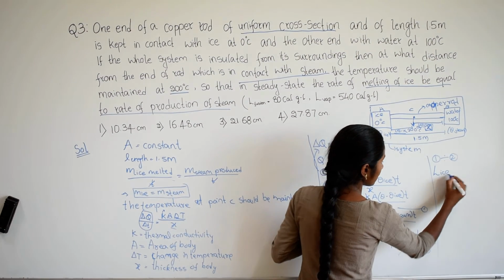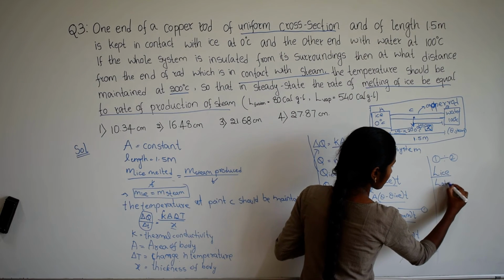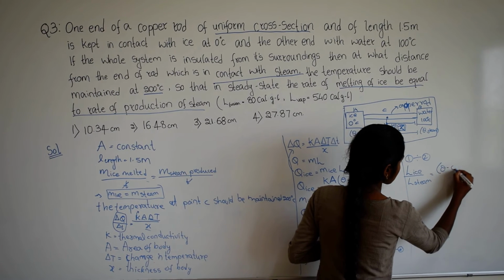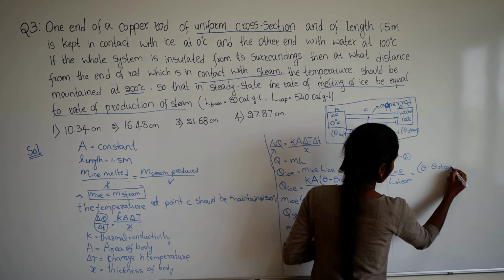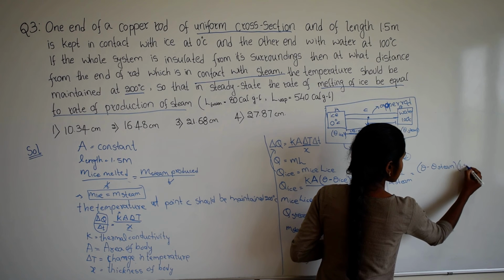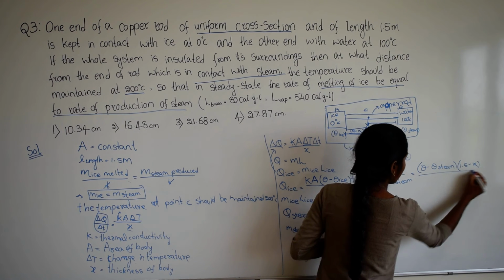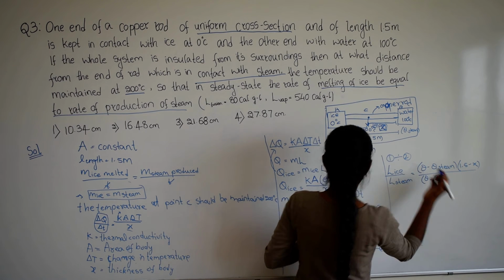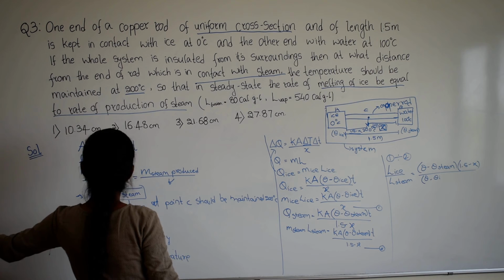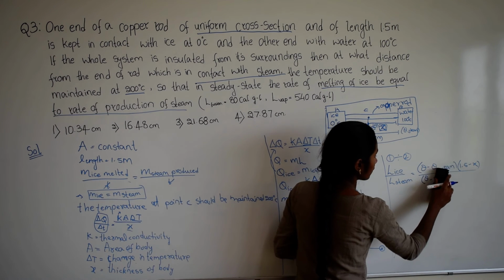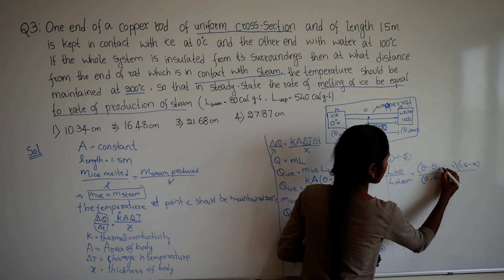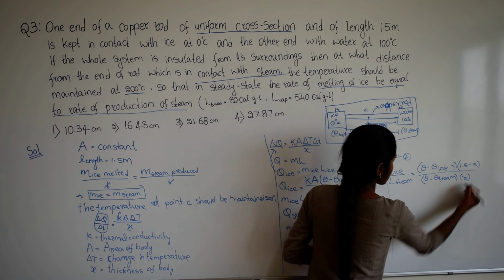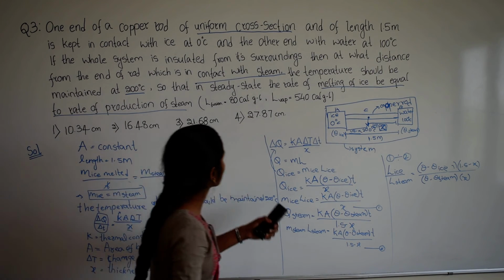Latent heat of ice by latent heat of steam is equal to theta minus theta ice into 1.5 minus x, by theta minus theta steam into x. So let us substitute the values.